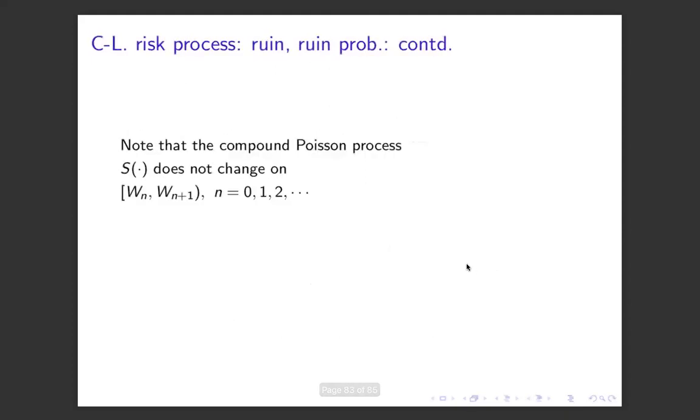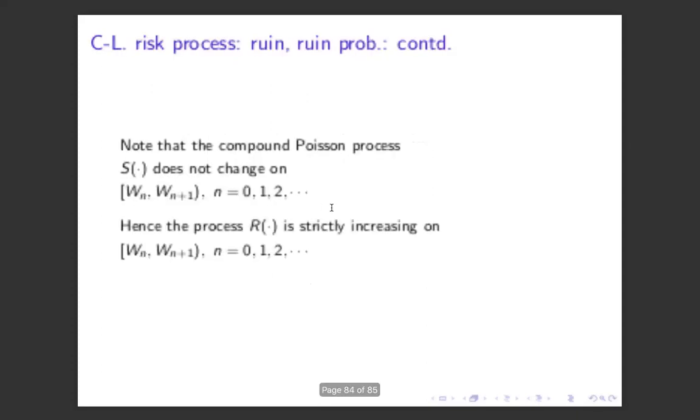So note that the compound Poisson process ST does not change on Wn to Wn plus 1, closed at the lower end, open at the upper end. Since a claim arrives at this time, there could be a jump. Hence, as we have seen, R is strictly increasing in the interval Wn to Wn plus 1.